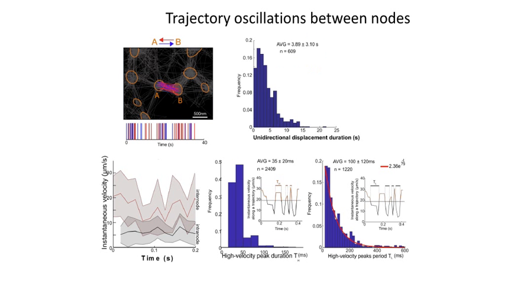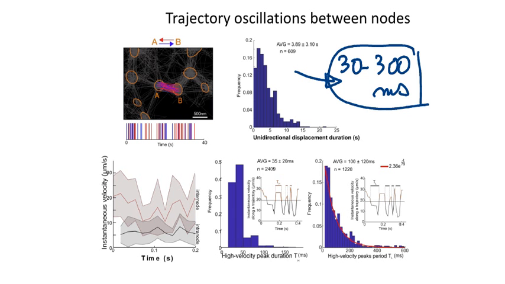So we believe that actually the unidirectional time should be between, let's say, 30 and most likely 300 milliseconds. That is, for this amount of time, trajectories go in one direction, and after this time, they switch in the other direction, and probably with a Poissonian rate.